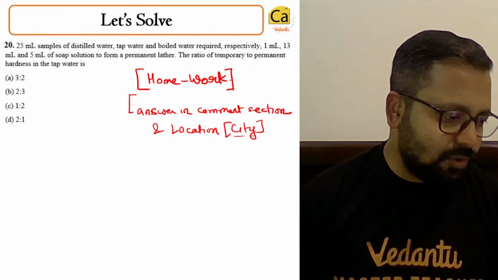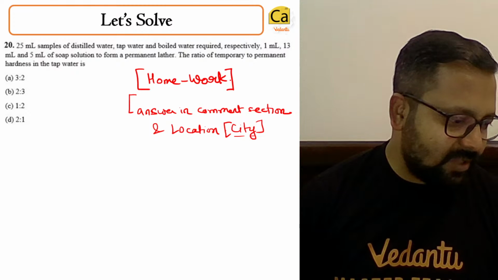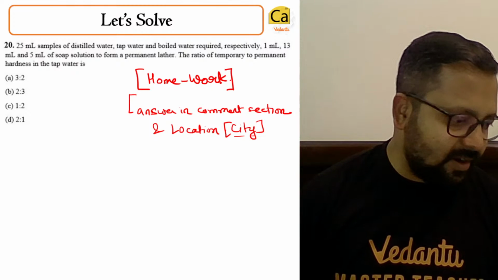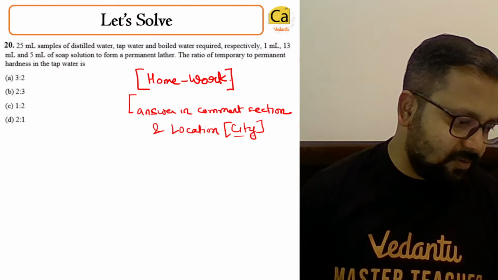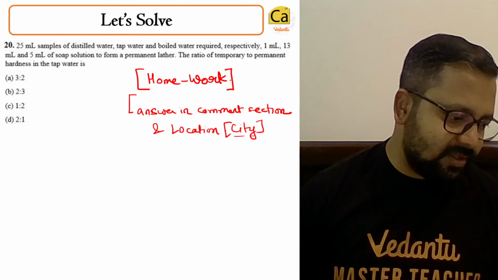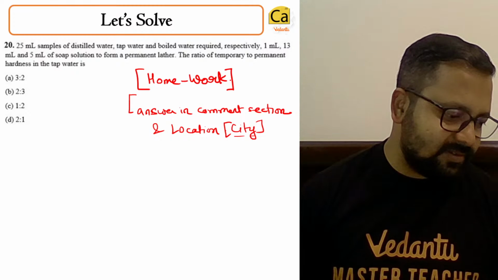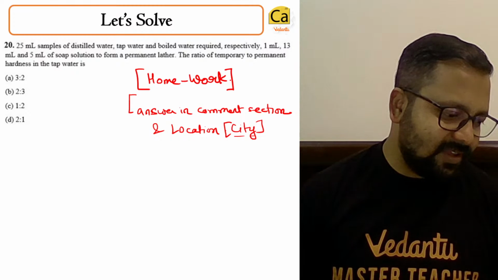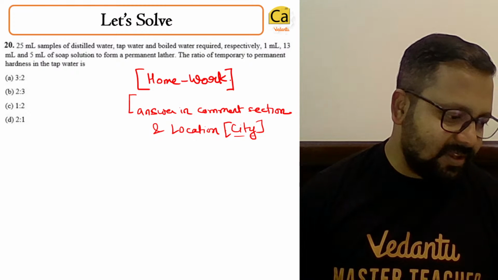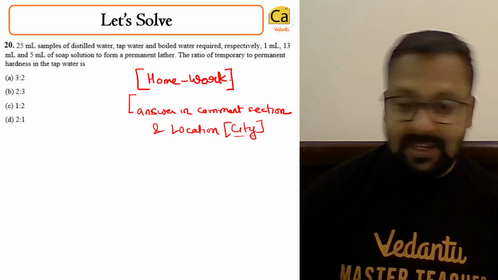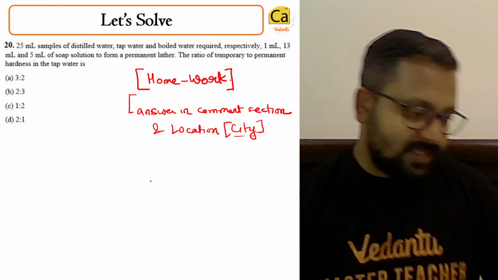Ranjusha says that she has gotten 1775. Very good, Ranjusha.